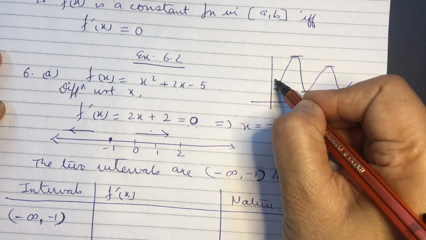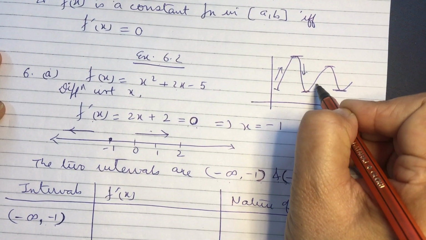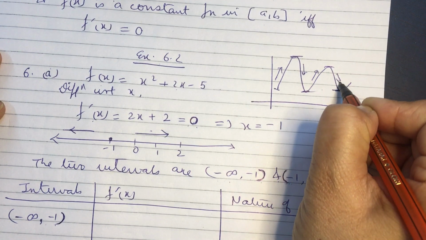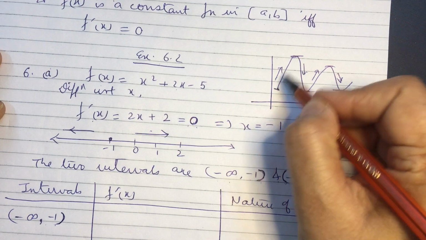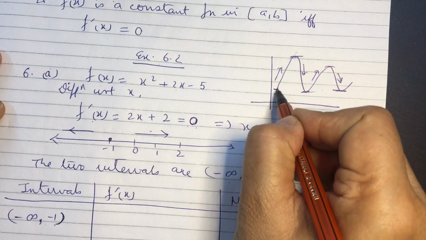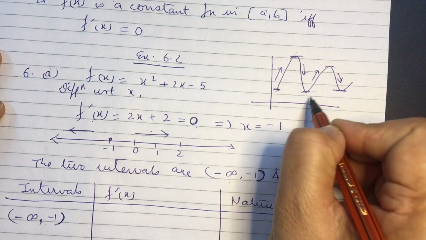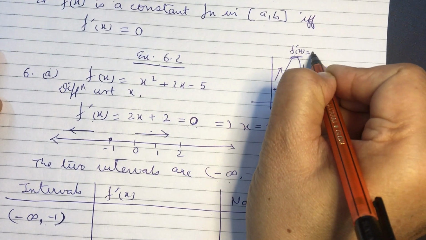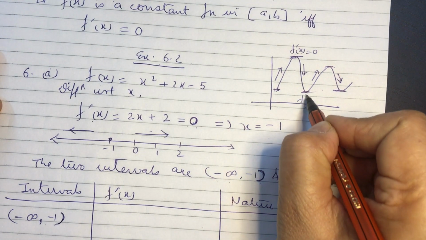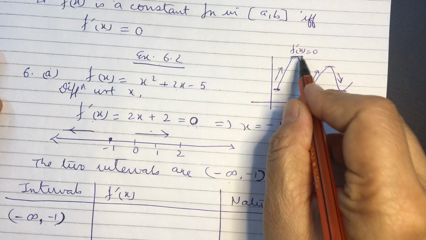It goes from increasing to decreasing, then again increasing, and then again decreasing. Between 2 points where the derivative is parallel to the x axis, f'(x) is equal to 0.